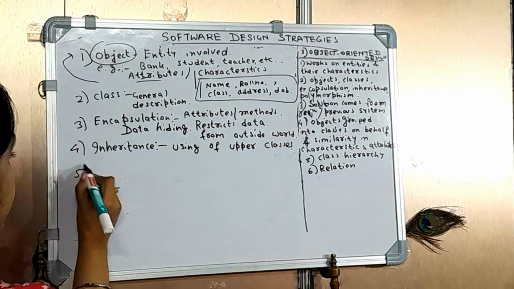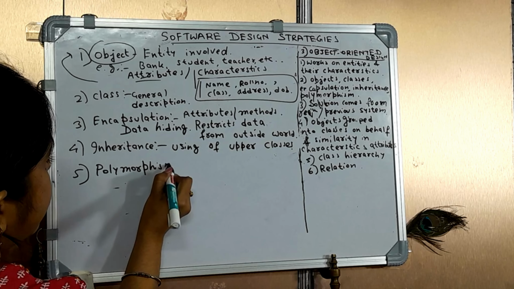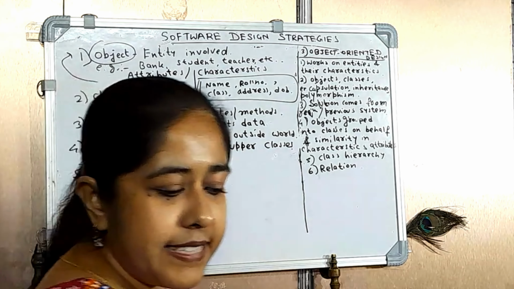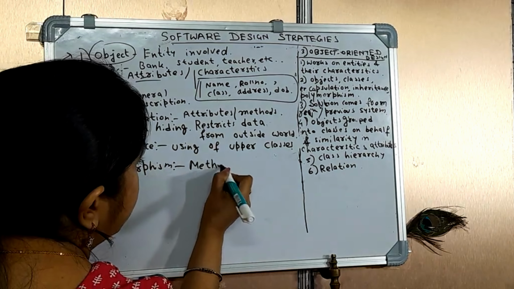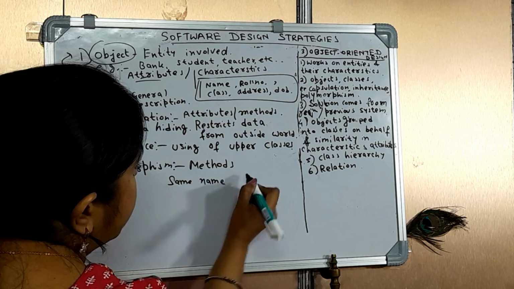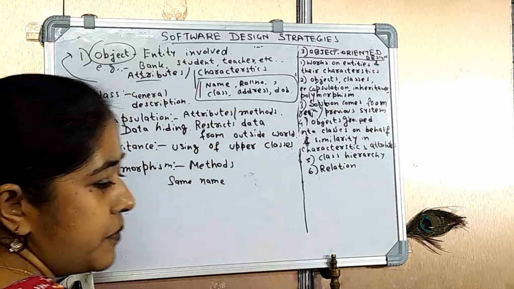Now polymorphism. What is polymorphism? In polymorphism, we are using some classes and some methods. These methods will have the same name, and maybe the function is also the same, but they vary in arguments.